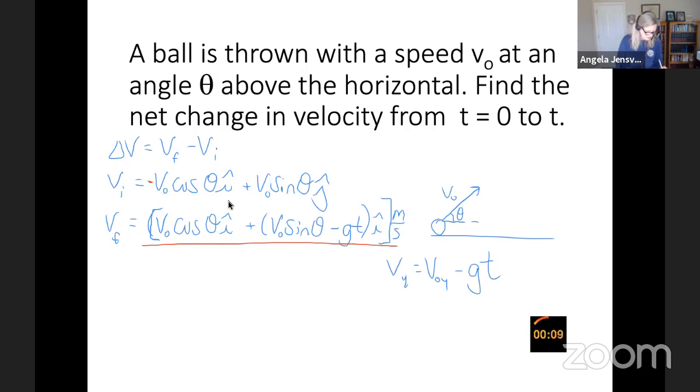So delta V is 0i. And then if we take V naught sine theta minus g t minus V naught sine theta, we just get minus g t. That should have been a j. Meters per second. That is the change in velocity. You just subtract the initial and the final velocity vectors.